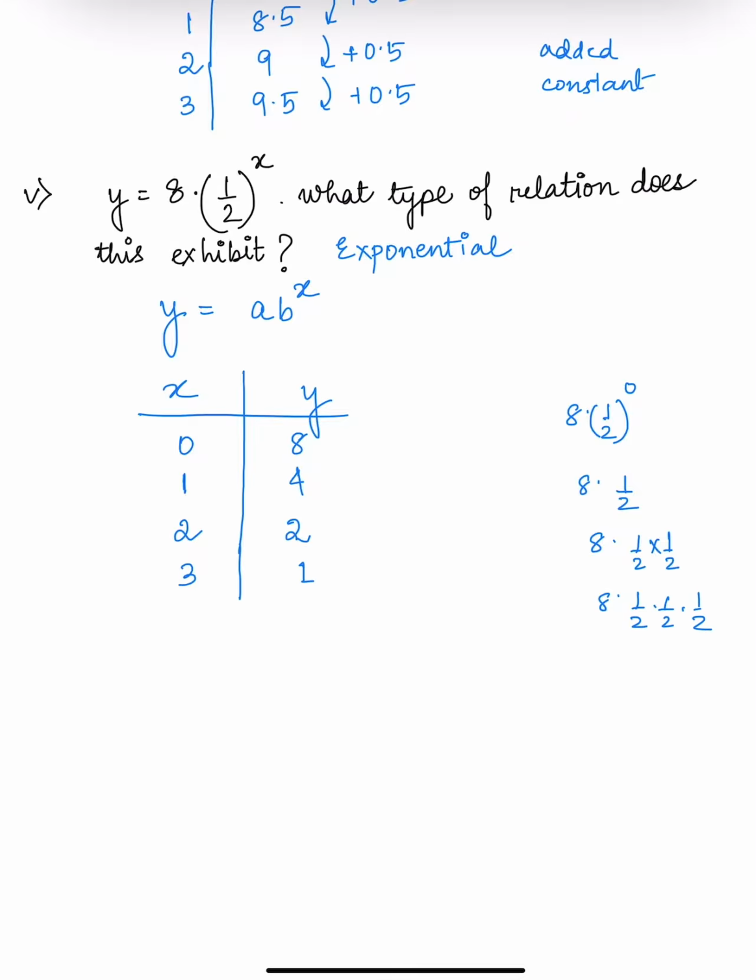If we look at this, it is getting divided by 2 at each time step. So this is an exponential, but it is an exponential decay because it is getting divided by a constant amount.